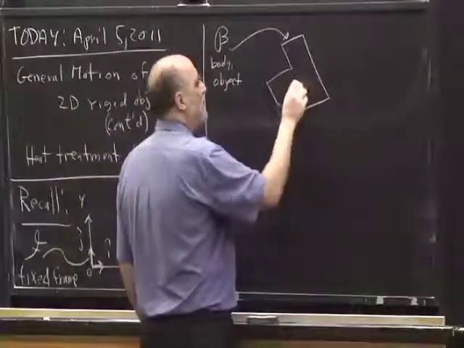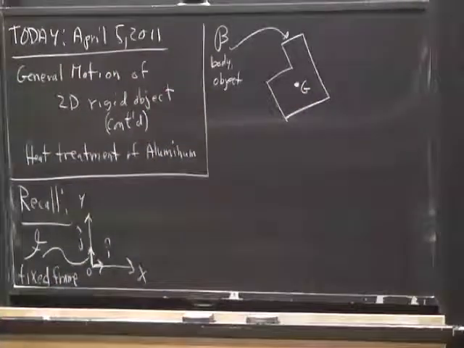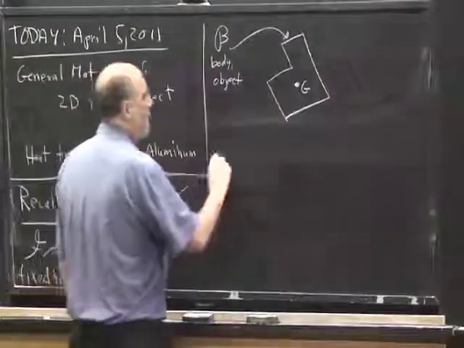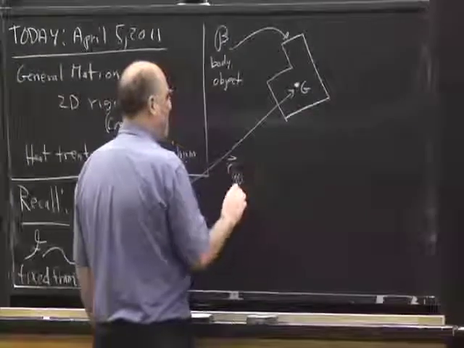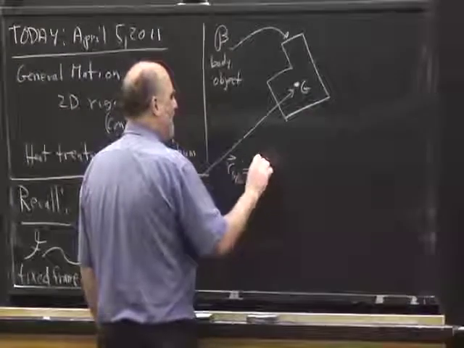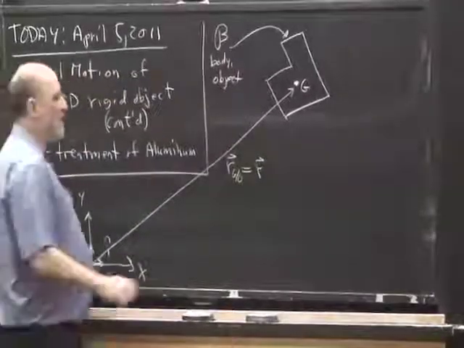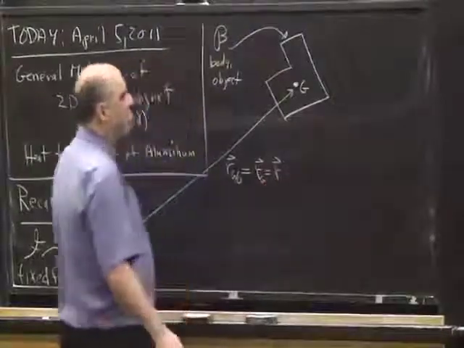It's got some point which we're going to keep track of, the center of mass, an important point for mechanics of rigid objects. And it has, relative to this frame, some position, r of G relative to O, which we might just write as r if there's nothing else going on. Or we might just write it as r_G, shorthand.